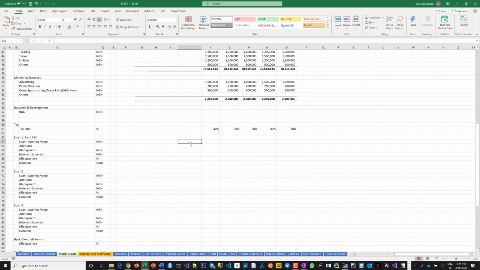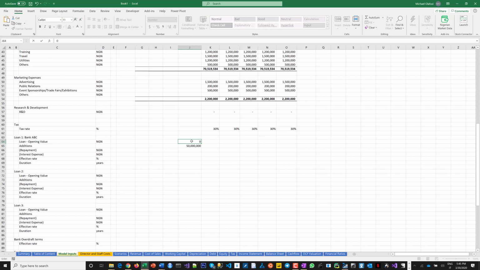They got the loan just before kick-starting the operation, say in 2019, a loan amount of say 50 million naira. That's what they use in setting up the factory. So that will be here.